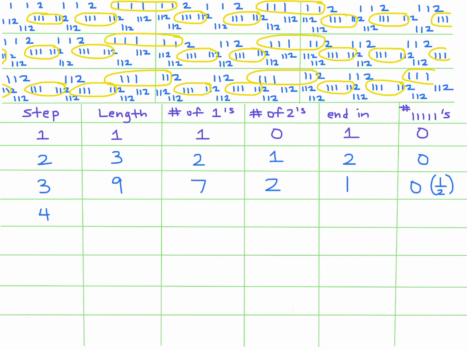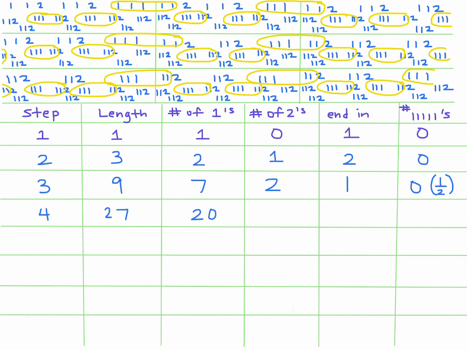All right, let's keep going here. Fourth step would involve 27 digits, so it's basically all these 27 numbers. And that would mean the number of 1s, oh boy, 1, 2, 3, 4, 5, 6, 7, 8, 9, 10, 11, 12, 13, 14, 15, 16, 17, 18, 19, 20.